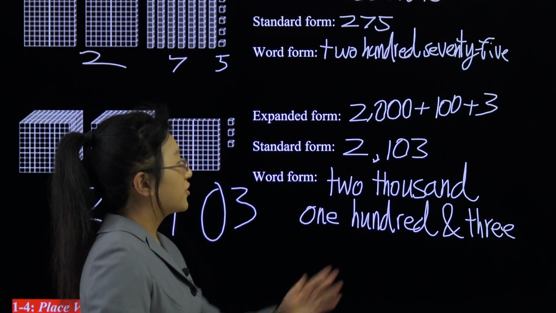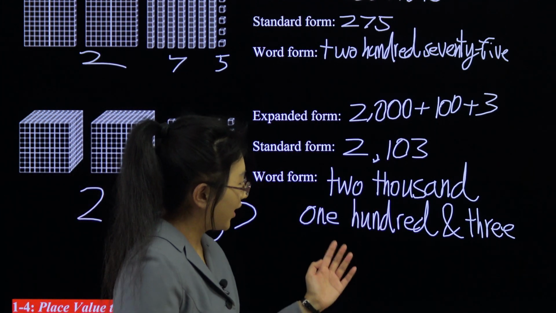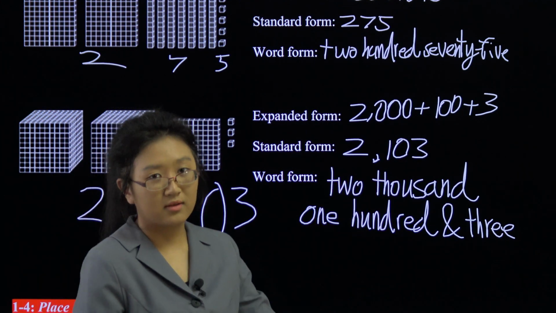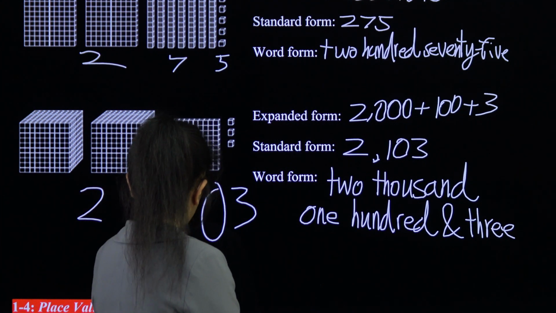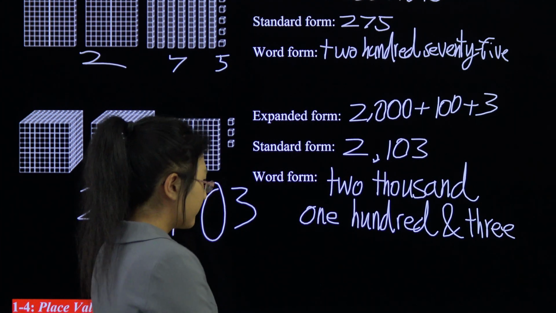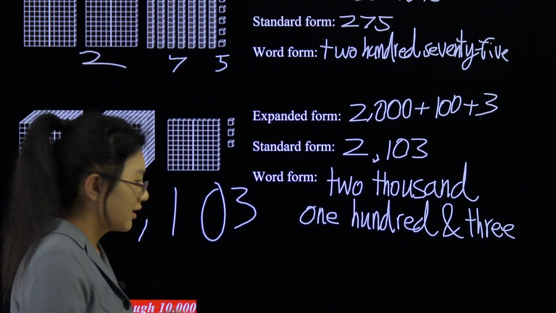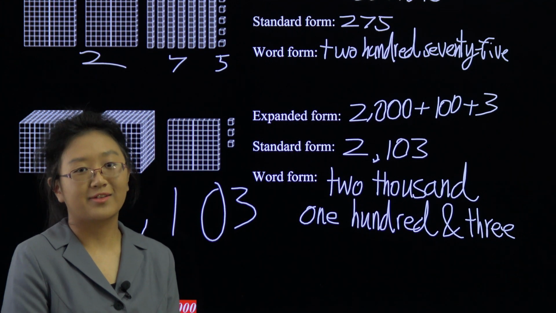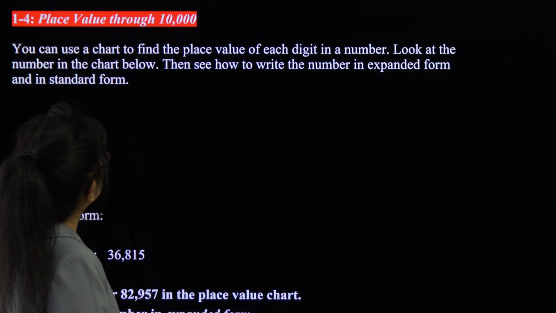But usually if there's a 0 in the middle of something, then you say 103 in this example, or something something and something. Actually, I can't use this example because we're going to move on to the next section and learn about that. Place values through 10,000.